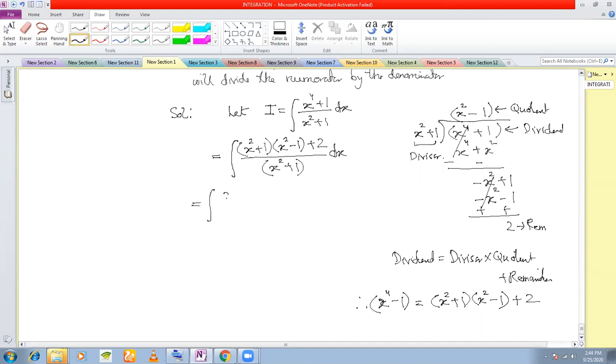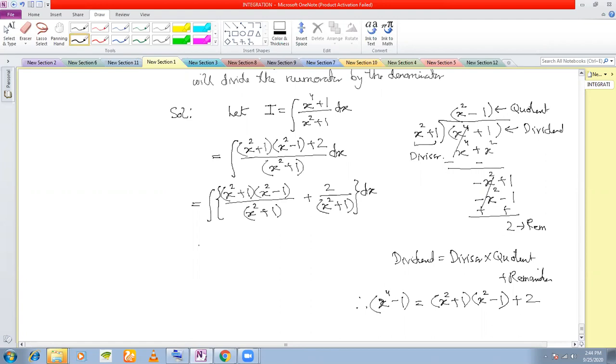I get the integration of, in a curly bracket, (x square plus 1)(x square minus 1) by (x square plus 1) plus 2 by (x square plus 1). And something has come which you have not discussed, but fine. I'll just give you the formula and you'll know.